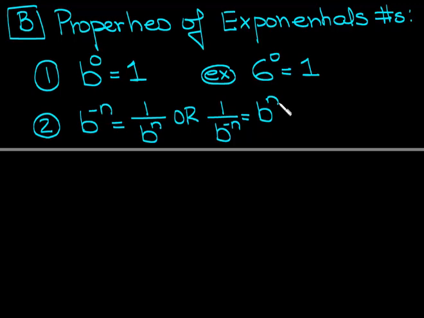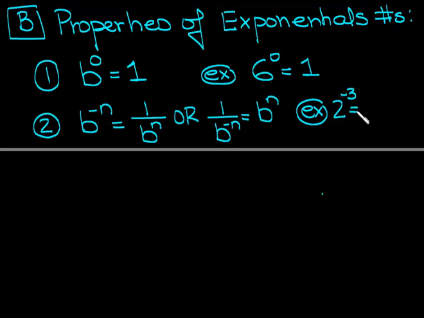Now this is a very important property because, for example, if I give you 2 raised to minus 3, well, according to the definition of exponential number, what does it mean? I want to take the base, which is 2 in this case, and multiply by itself negative 3 times. Wait a minute, I can't do that. If it was just 3, I could do it, but I want to multiply the base by itself negative 3 times, so we cannot do that.